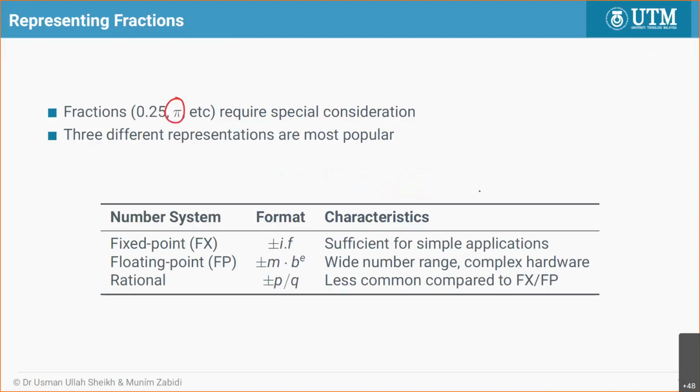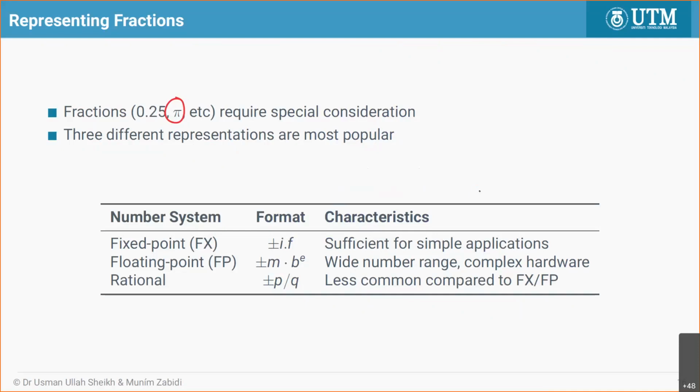So these numbers require special consideration. Three different representations are most popular. First is fixed point, and the format is plus or minus I dot f, which is sufficient for simple applications.